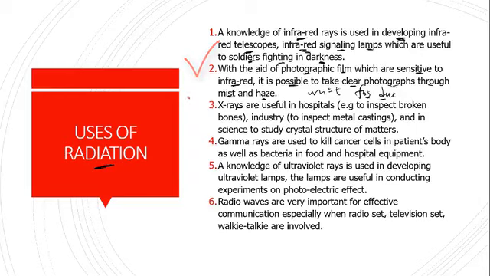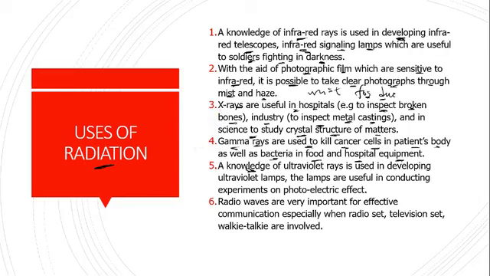In hospitals, X-rays are useful to inspect broken bones, in industry, they can inspect metal castings, and in science, we use them to study the crystal structure of matter. Gamma rays are used to kill cancerous cells in patients' bodies, as well as bacteria in food and in hospital equipment.